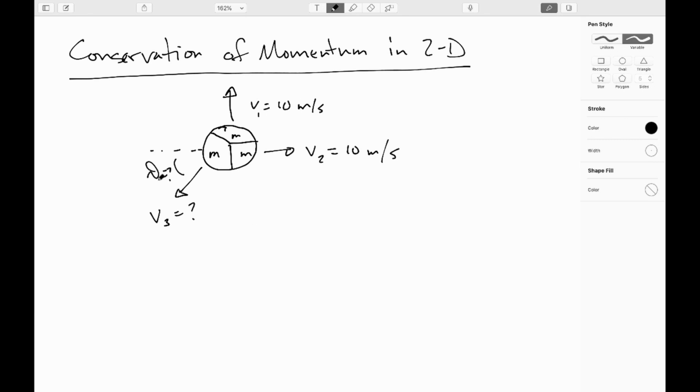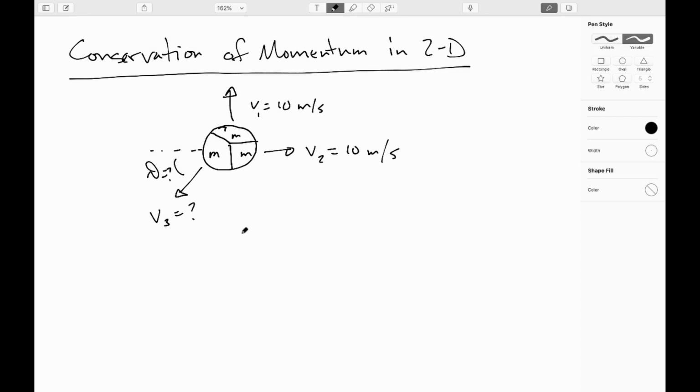So first off, can I make this system isolated? Sure. The plate is sitting on the counter, so there's gravity pulling it into the counter, normal force pushing it up off the counter, and those cancel. And that was it for forces. So there's no force acting on the plate. And if I make my system the 3 plate shards flying off, you'll still have no net force acting on it.